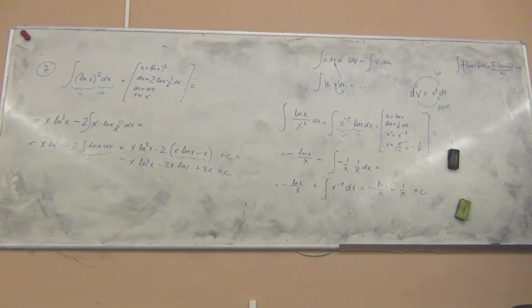So yes, it's not so difficult. It looks strange, oh no, we don't know how to do this kind of thing. So remember that division by x squared means simply x to the power minus 2. That ln x can only be the u function, not the v function.